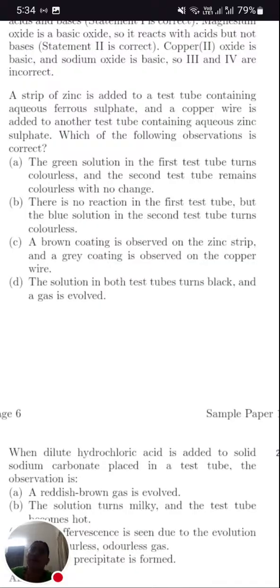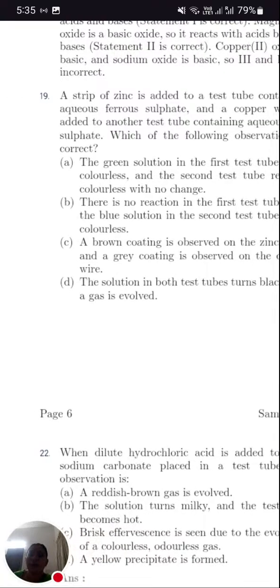So zinc can displace both. Zinc is more reactive than copper, so it will not get displaced by copper. So there is no change in the second test tube. In the first test tube, zinc will displace the ferrous. So the green solution of the first test tube turns colorless, whereas the second test tube remains colorless with no change. Option A is the correct answer.